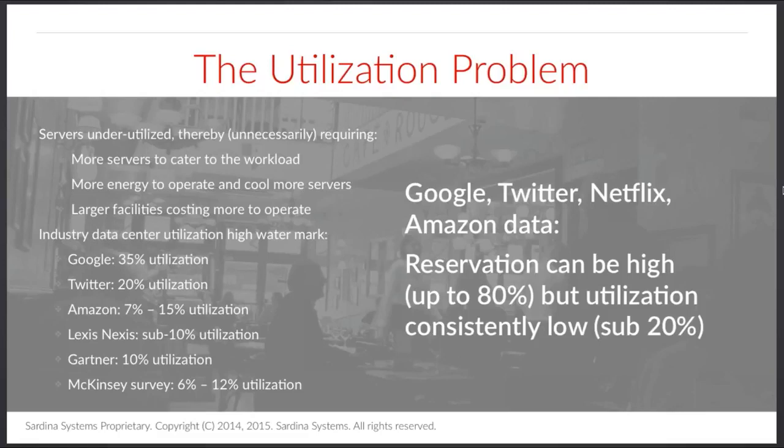This underutilization of servers then leads to unnecessarily requiring more servers to cater to the same workload, more energy to operate and cool more servers, and larger facilities which cost more to operate to house the extra servers. As we see, utilization at some of the operators could be in a 7 to 15% range.